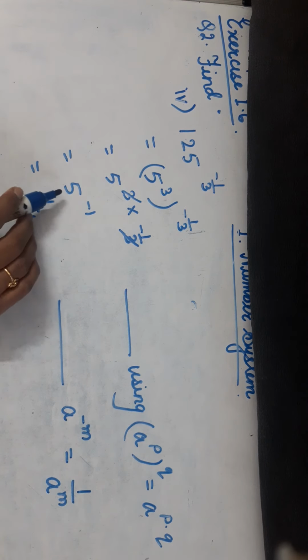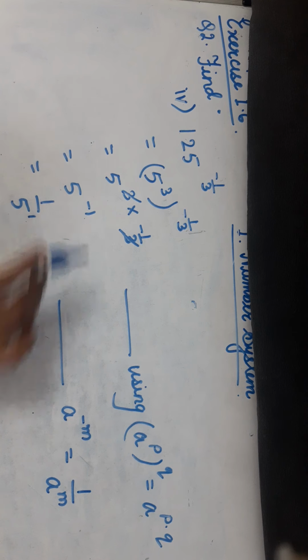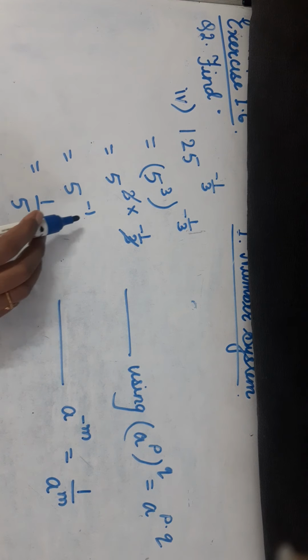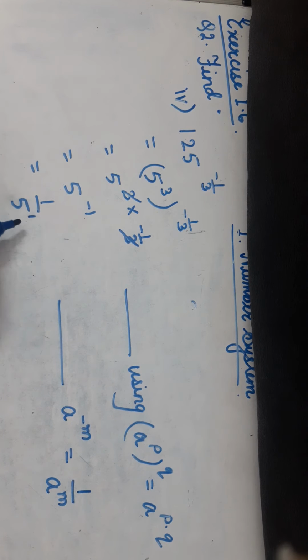Now see, this is 5 raised to minus 1. So according to this law, it can be written as 1 upon 5 raised to 1. The sign of the exponent, the sign of the power, is getting changed. Clear? Let us complete this question first. So 1 upon 5 raised to 1. Anything raised to 1 is the same number, so I can simply write it as 1 upon 5. So 1 upon 5 is the final answer.